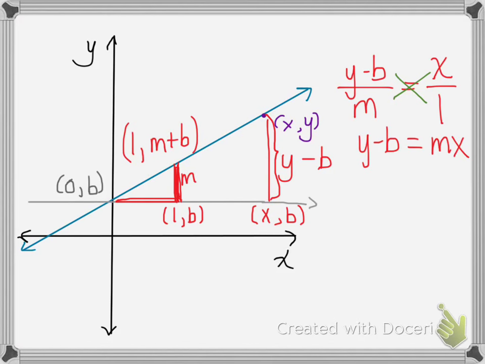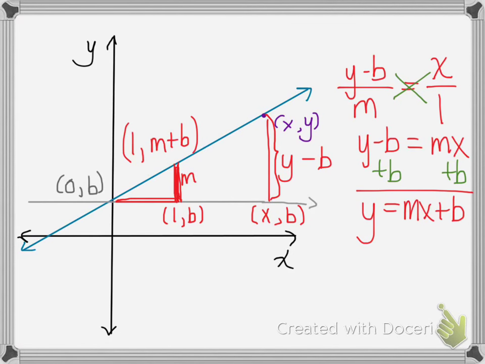Okay, so we've only got one more step to get y by itself, and that's to add b to both sides of this equation. So after this step, we end up with y is equal to mx plus b.